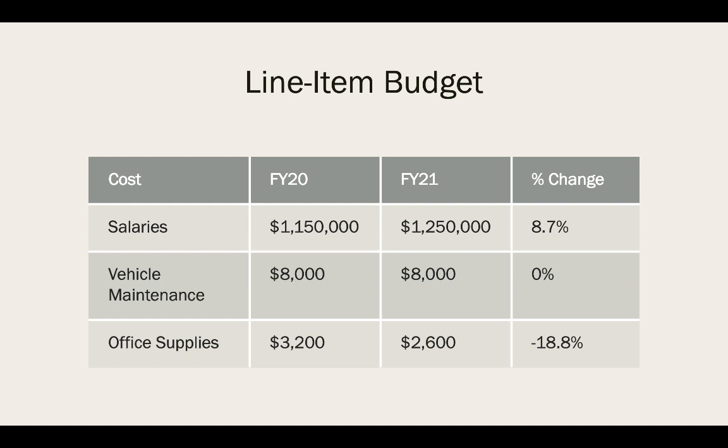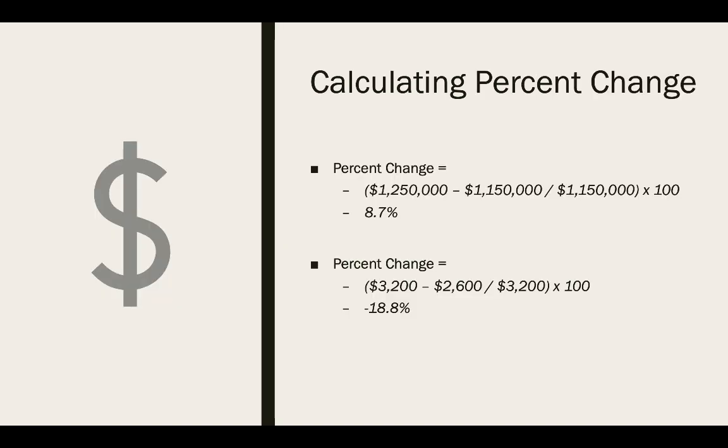Maybe we needed a couple big items, a couple big printers in 2020. We didn't need them in 2021, so our expenses are going down. So again, the new minus the old over the old gets us a negative 18.8%. So pay attention to those positives, pay attention to those negatives.